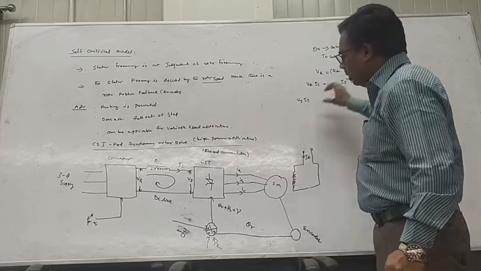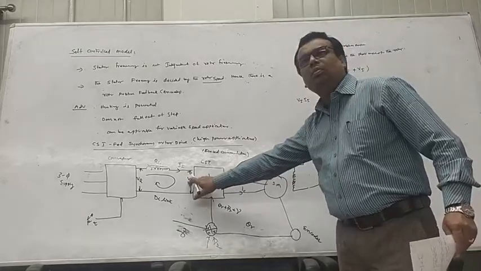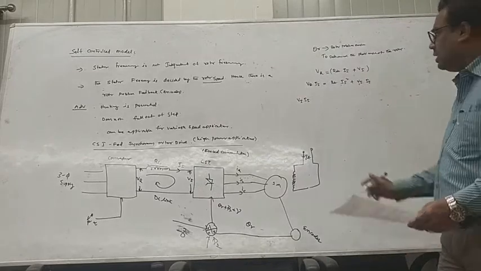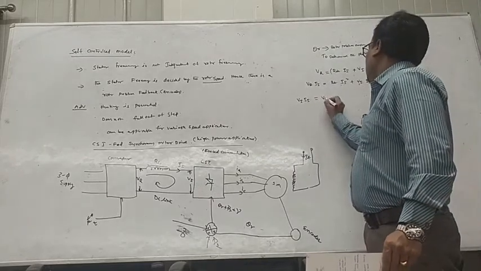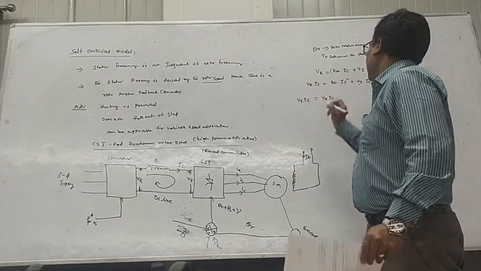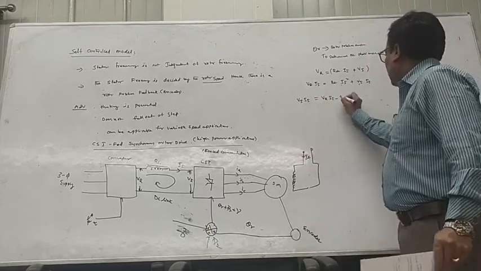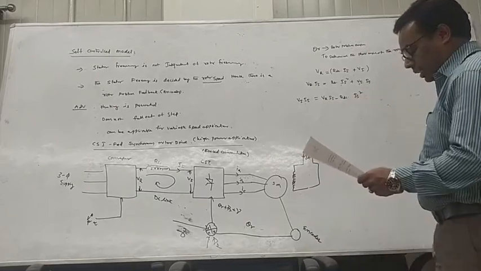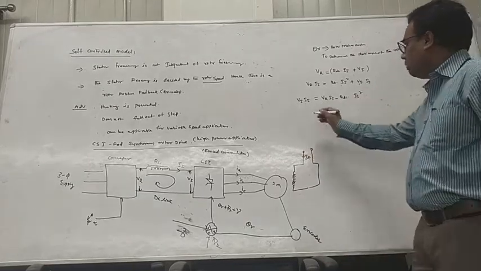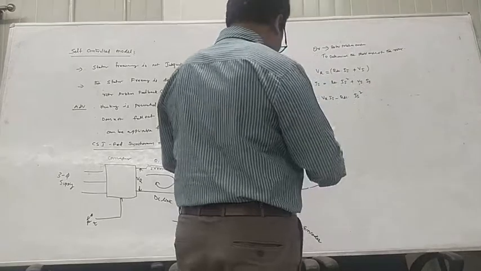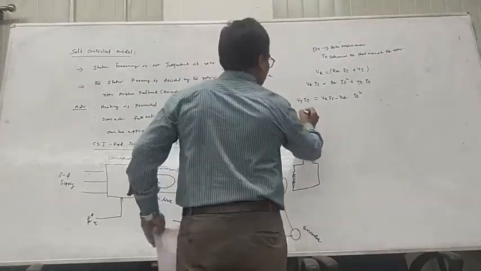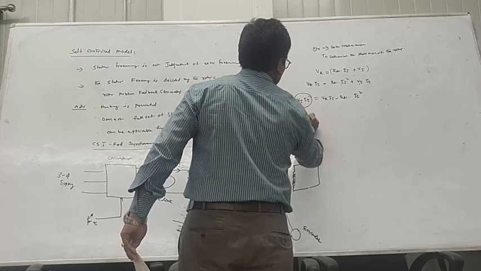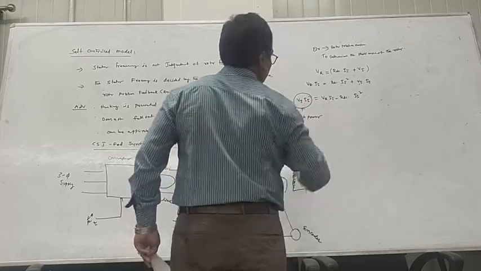This VI into IA is the input power to the current source inverter. So VI into IA is equal to VR into II minus RDC into IA square. So this is the input power.